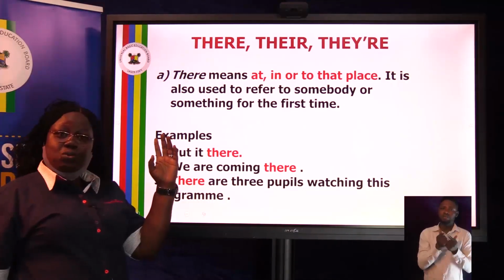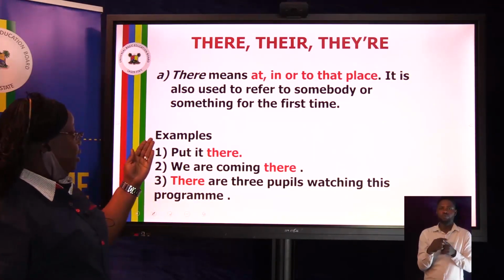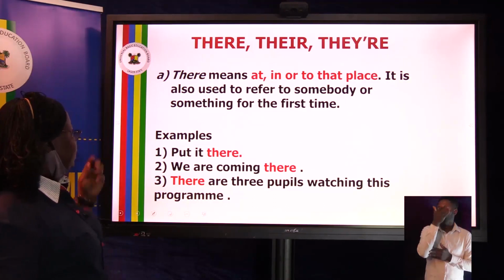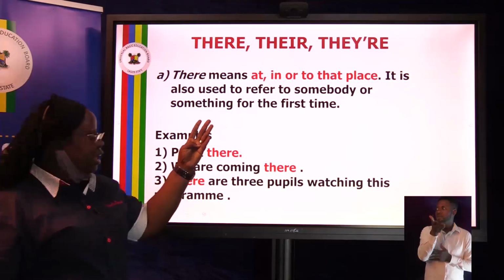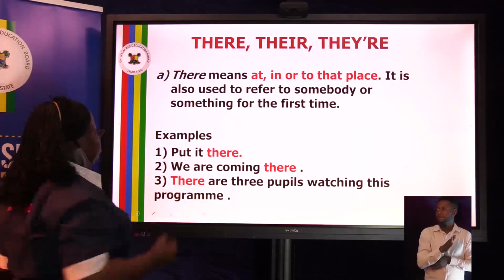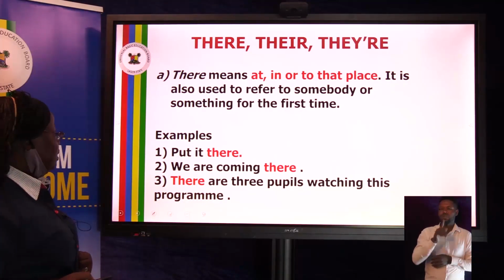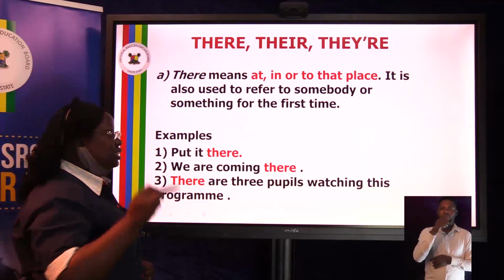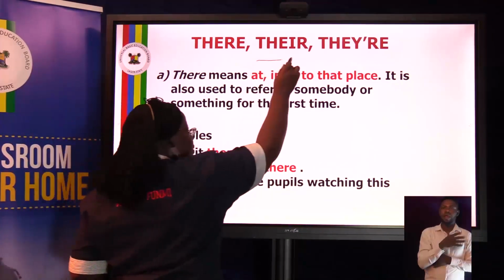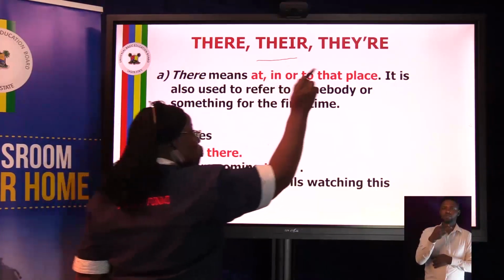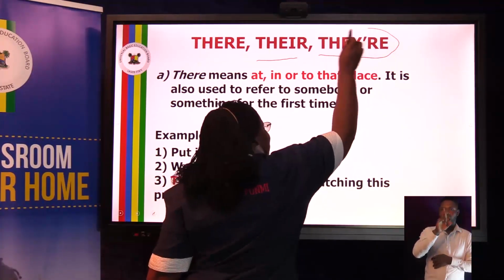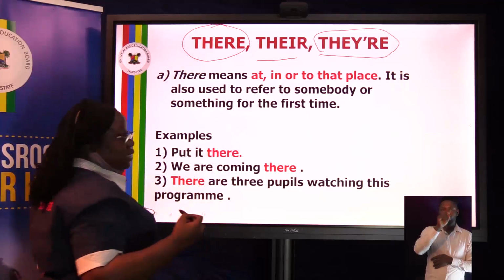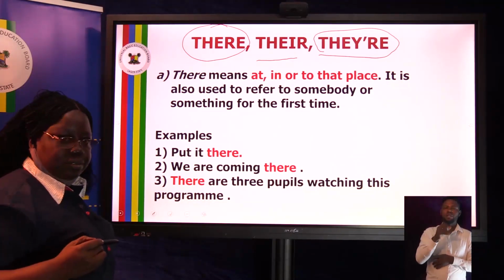Another set of confusing words. There, their and they're. T-H-E-R-E, T-H-E-I-R, and T-H-E-Y apostrophe R-E. They look confusing.